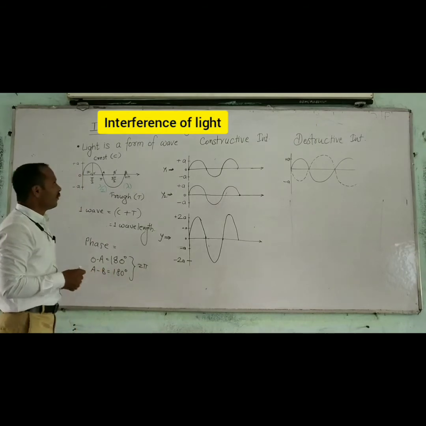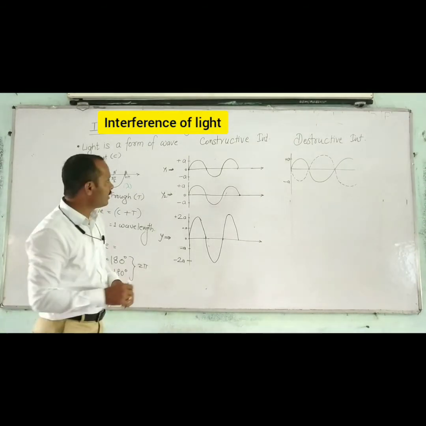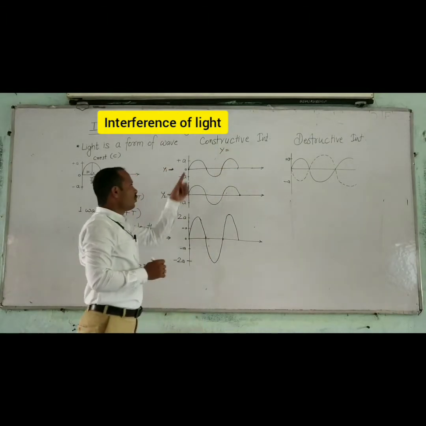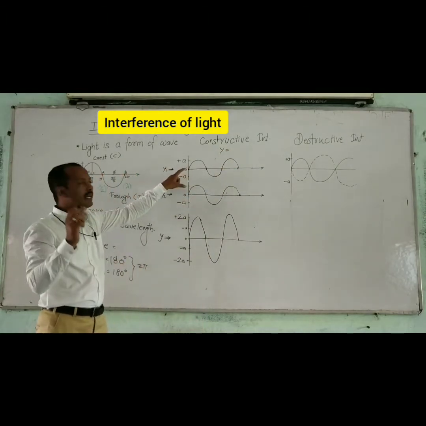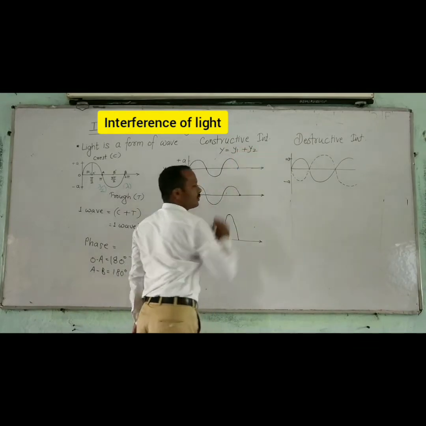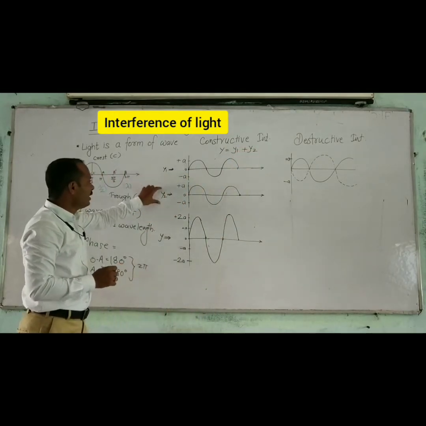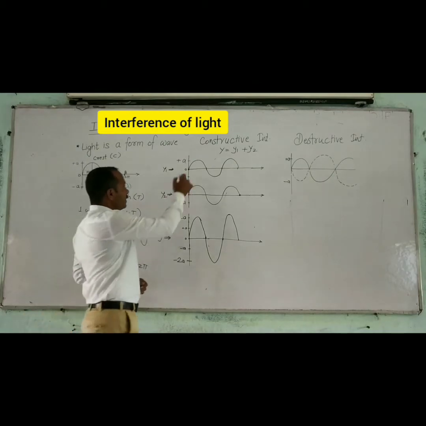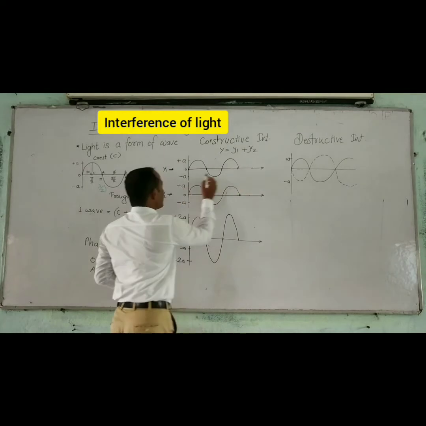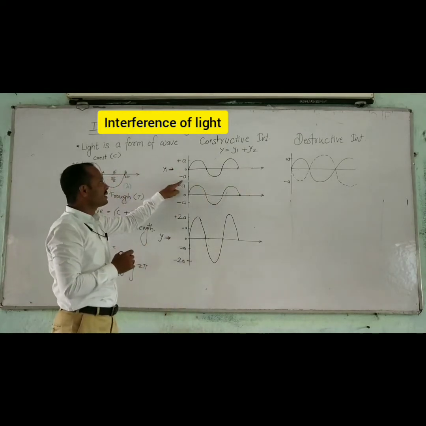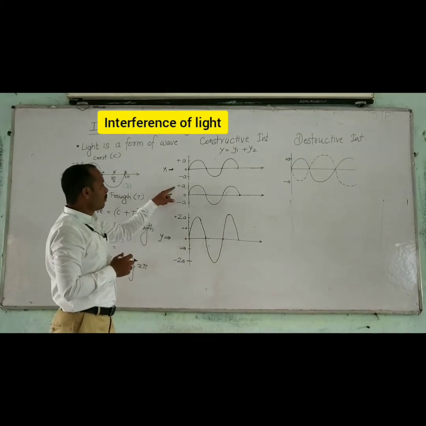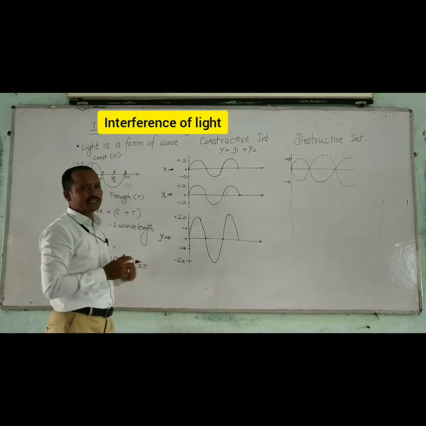When two waves come along the same path, we get a single wave equal to y1 plus y2. This is the first wave y1, moving in this direction, with amplitude plus a and minus a. The second wave also has amplitude plus a and minus a.